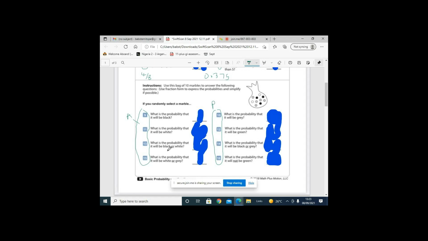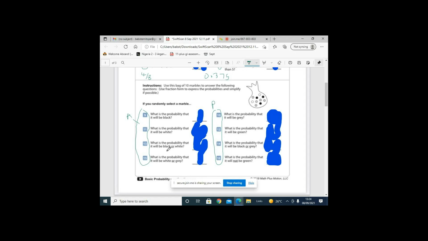The second one is, what is the probability that it will be white? That's 2/10, which is 1/5. I divided it, so as a decimal that would be 0.2, and as a percentage, that's 20%.